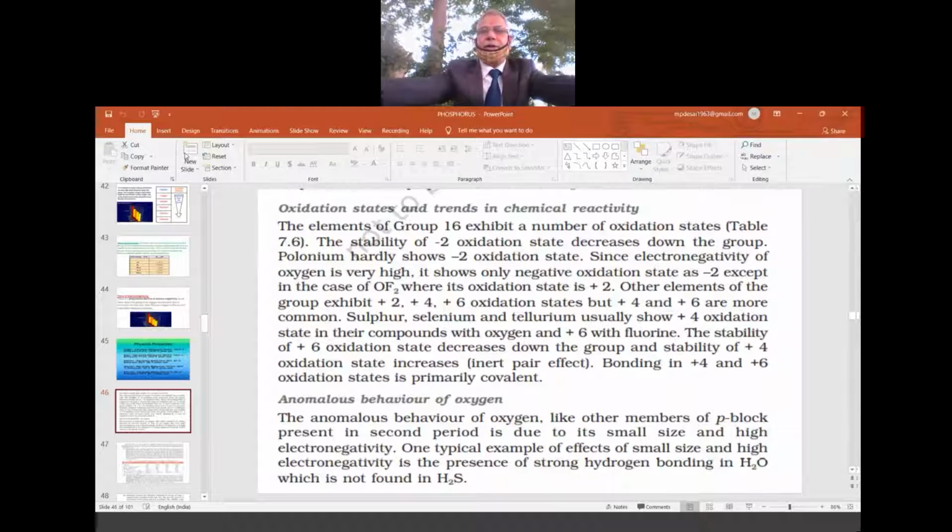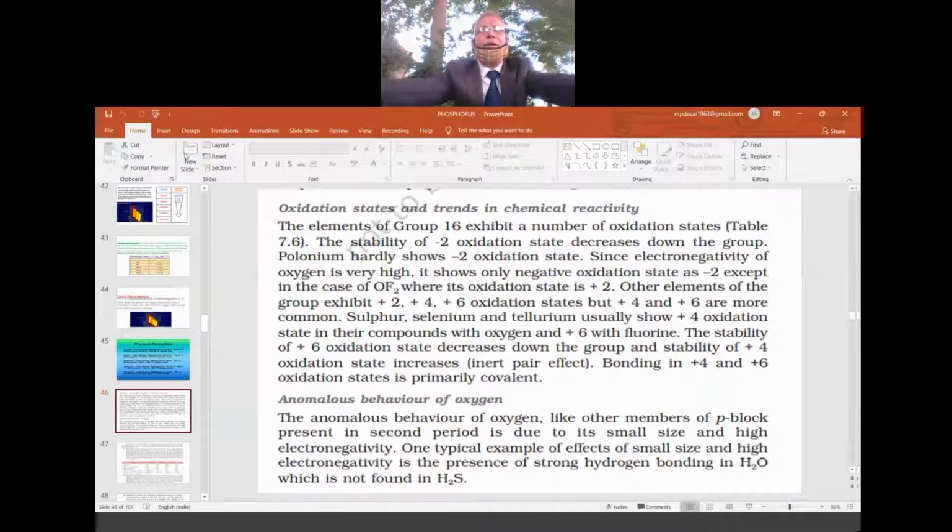Oxidation states and trends in chemical reactivity, directly from the textbook. Electronic configuration: the general electronic configuration is noble gas, ns2 np4. That means we have 4 electrons in the p.